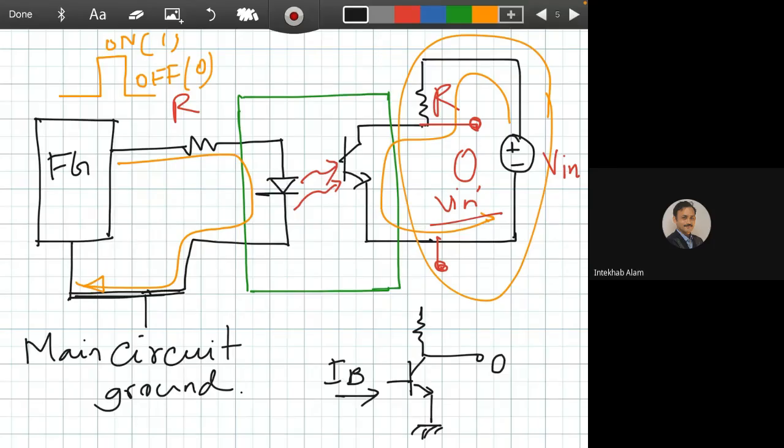Is it okay? The terminal voltage will be 0. And whenever IB equals 0, then the terminal voltage will be V. If we just place a VCC in here, this will be VCC. Is it okay with you?